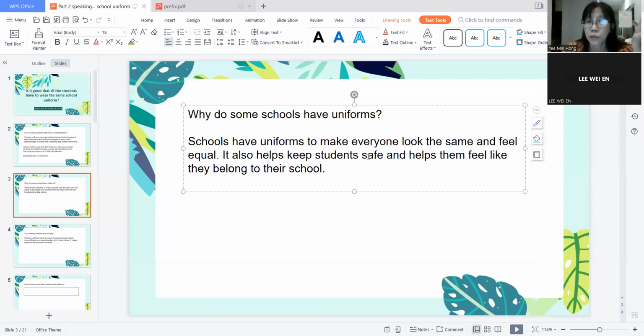And it helps to keep students safe and feel like they belong to the school. Because it helps keep students safe, as we mentioned the other day, right? If someone came into the school compound wearing a different type of outfit, you'll be able to recognize the person right away. Am I right?